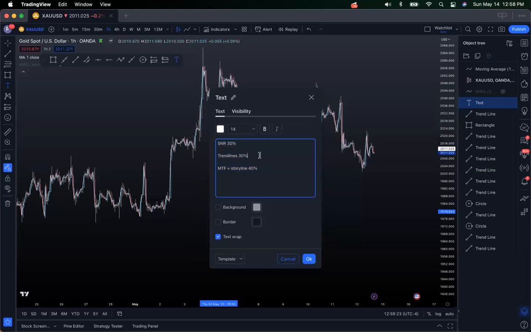I like to teach entries first before I do this, because when you understand the entry system, then when you do this, you will know when to stay out of the market and when to stay in.